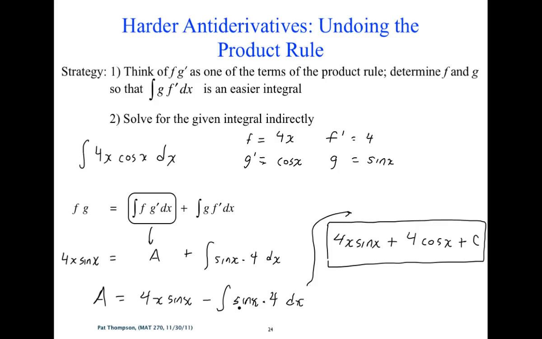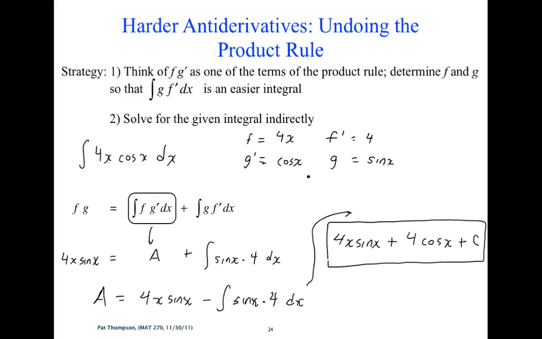Help me, anyone? You see my error? G is negative sine x. Your g prime under A is supposed to be cosine x, not sine x.